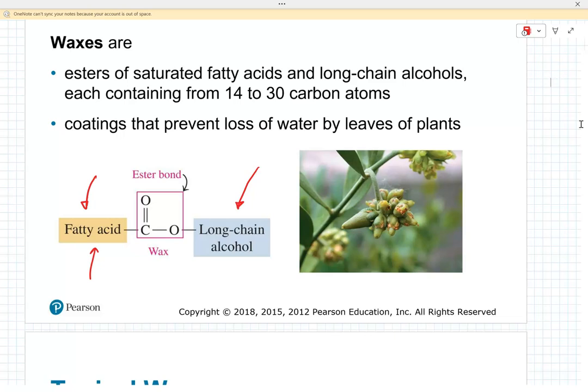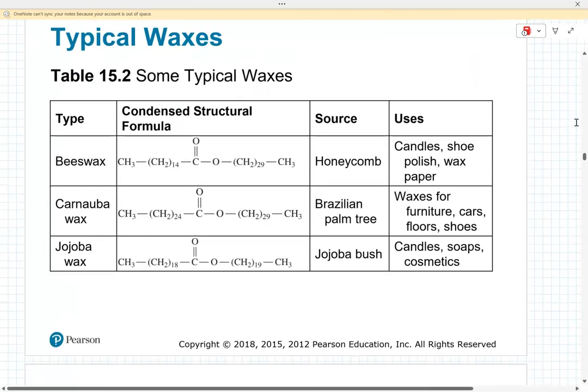They are used by insects to make their chitin exoskeleton more water repellent. And we use that wax to wax things out.